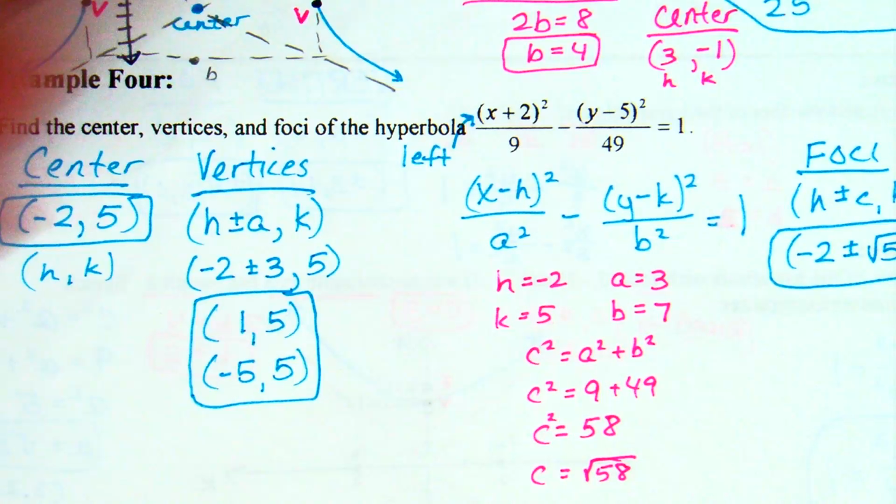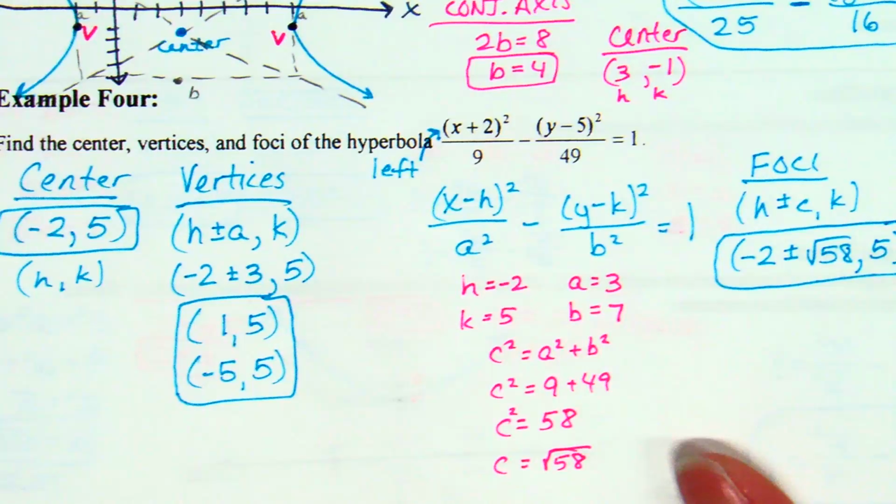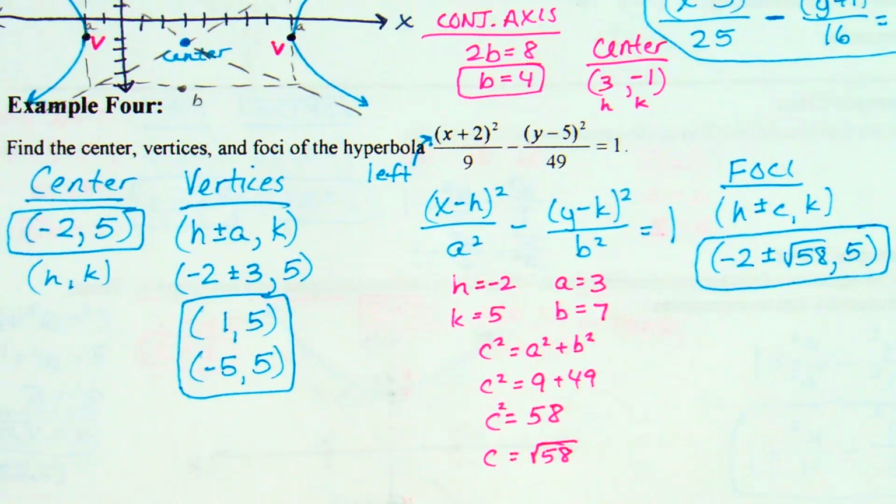If we're graphing it, I'd want to go and find decimals because I would want to know where to graph those. Since I'm not graphing them, I'm going to leave them as is. Okay.